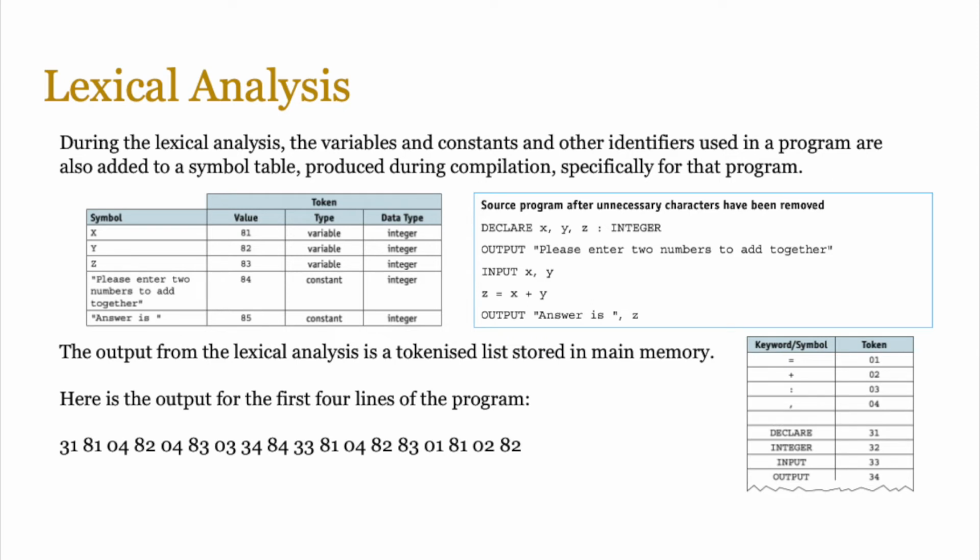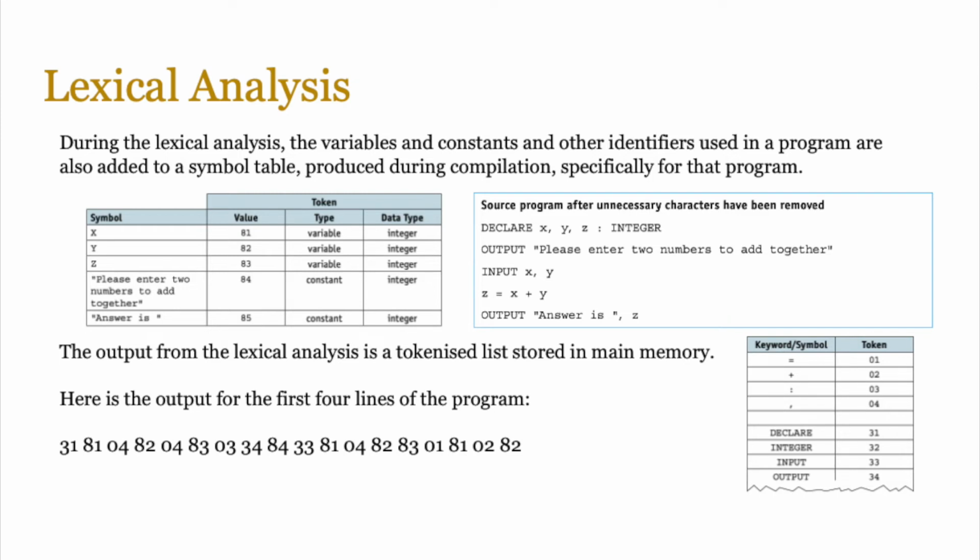Now, taking data from these parts, we can create the output for the first 4 lines of the program, which look like a series of numbers. So 31 is declare, 81 is X, 04 is a comma, 82 is Y, 04 is a comma again, 83 is Z, and so on. So that entire program, which is in text form basically, is converted into a series of tokens.